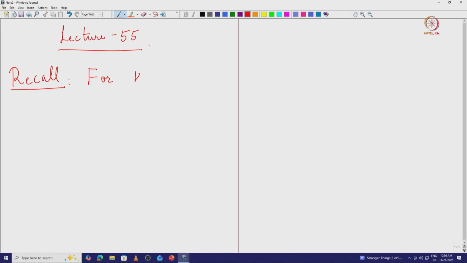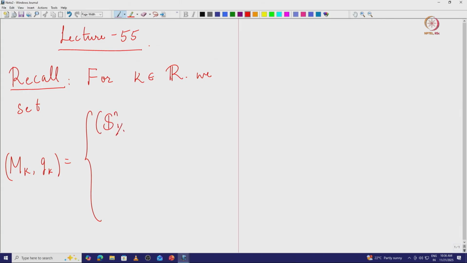notation. For kappa in R, so any real number, we set M kappa, G kappa to be the following model spaces. It is the sphere of radius 1 by square root of kappa with the corresponding round metric if kappa is positive.